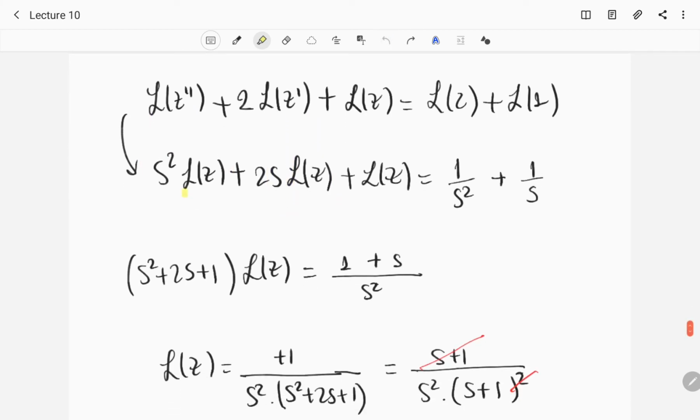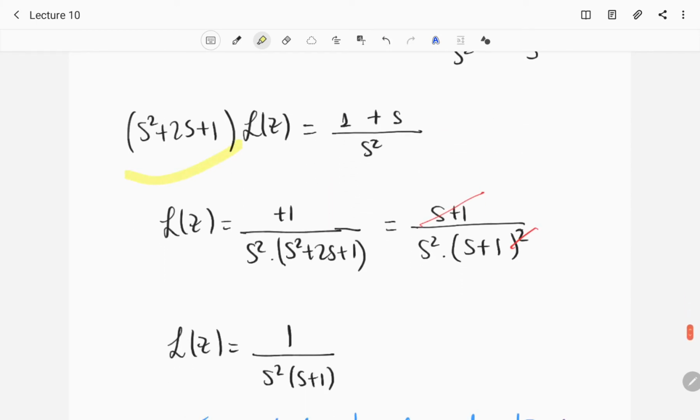And now, if you see, we have the Laplace transform of theta as a common factor, so what we get is s squared plus 2s plus 1 multiplied by the Laplace transform of theta. And here we can compute a little bit, and we get this.